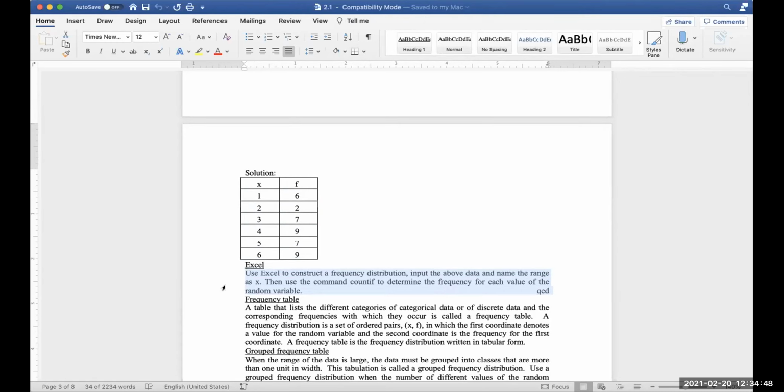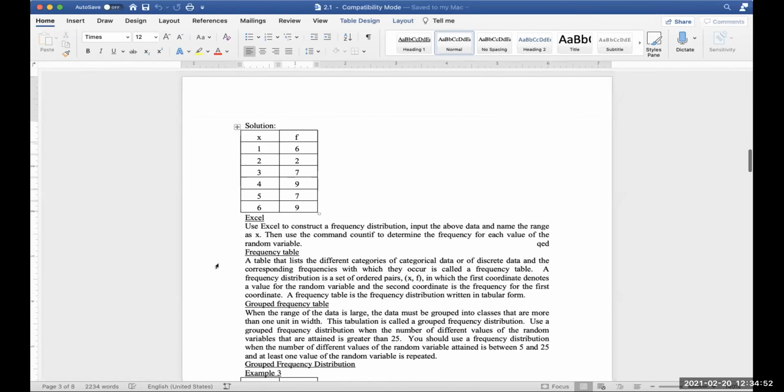So a frequency table is useful if I have at most 25 differing data values that I can attain. But what if there are more than 25 data values that I can attain?